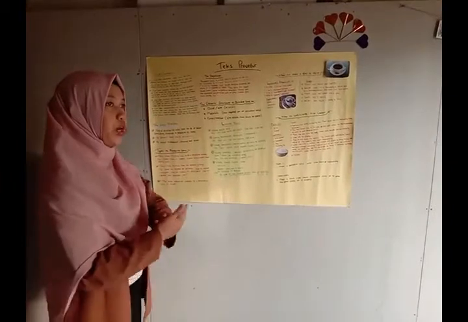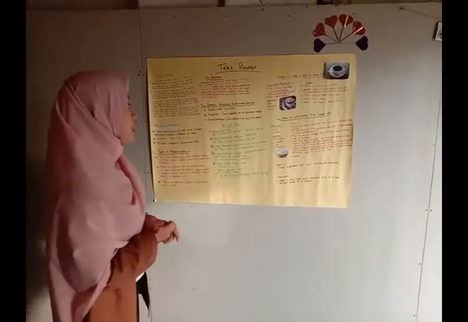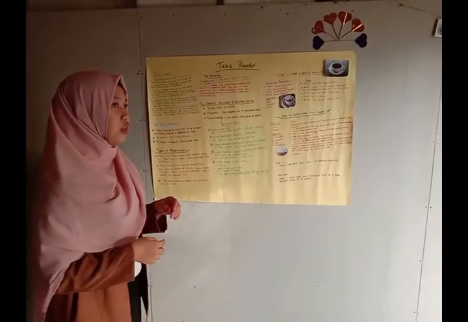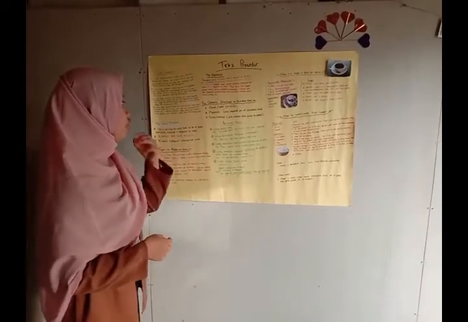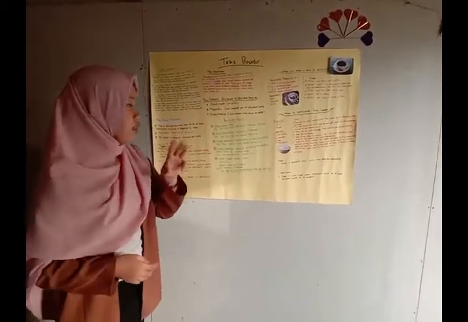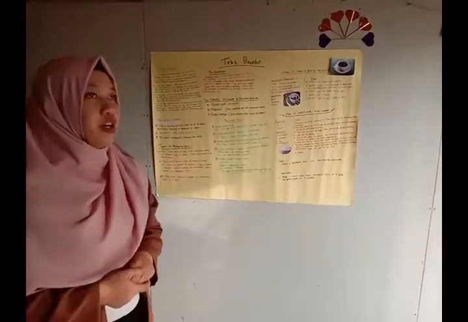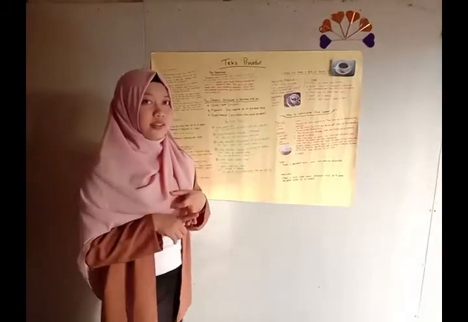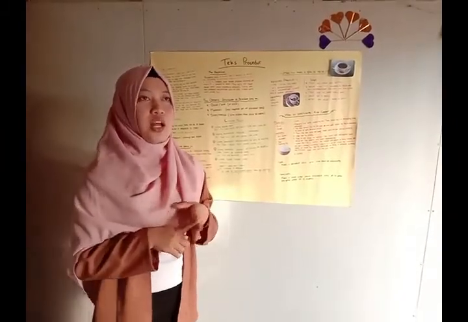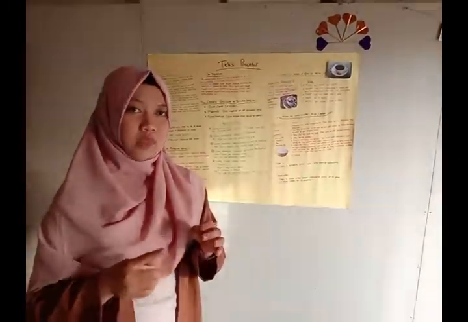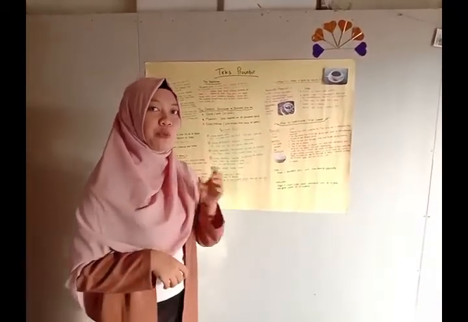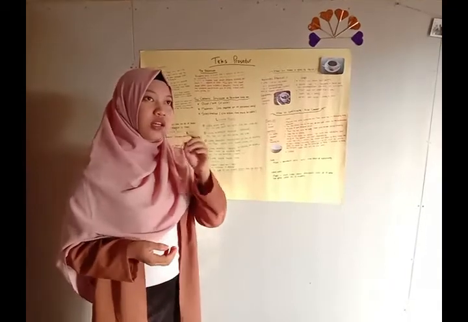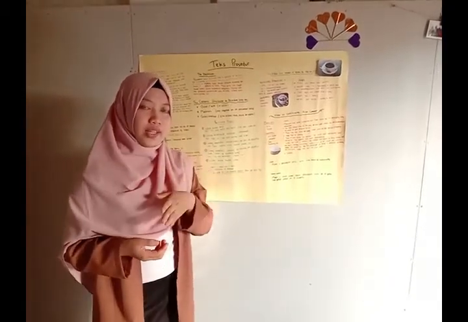Next to the language feature, in procedure tag we can use action verb. For the example, cut, stir, slide, or etc. And second, we using imperative sentence. Don't, for the example, don't mix or stir until boiling.